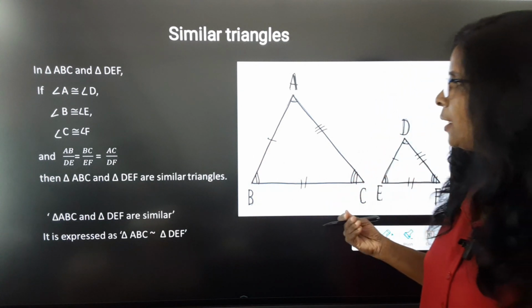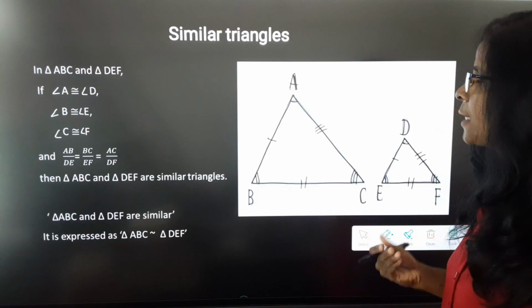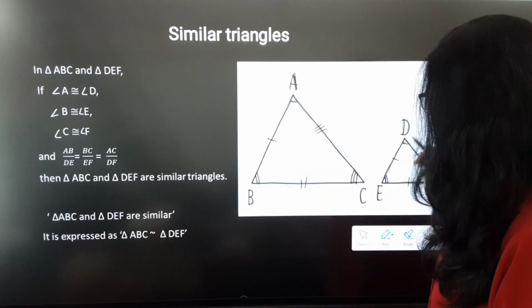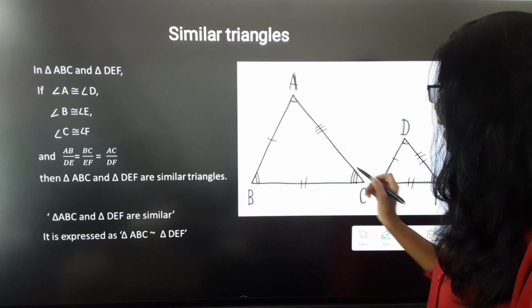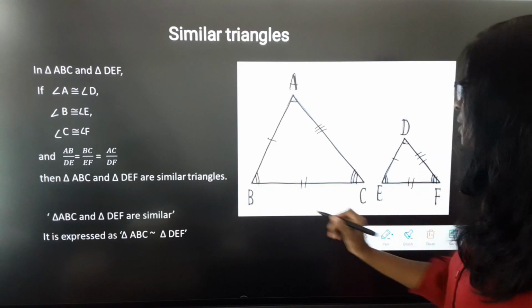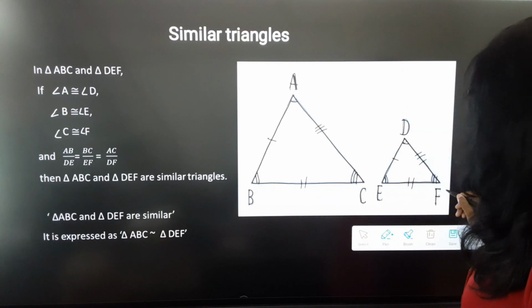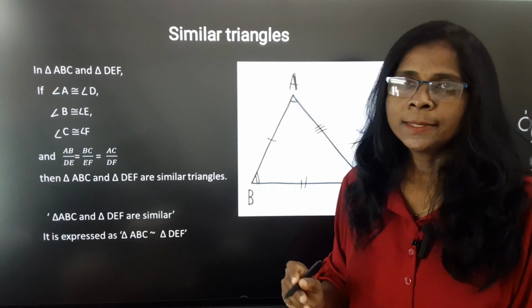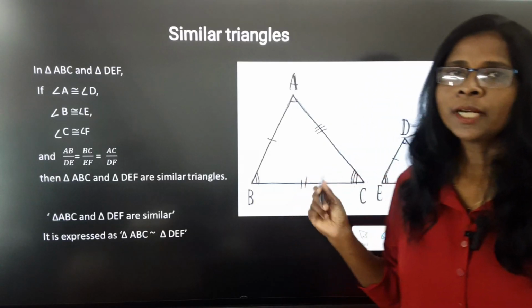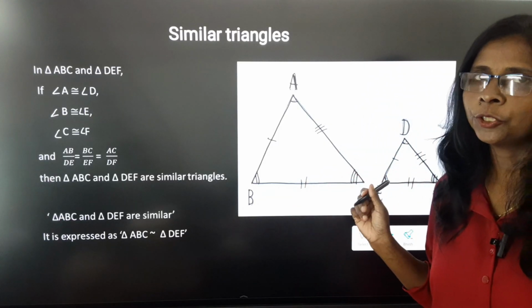And what about their corresponding sides? AB upon DE is equal to AC upon DF is equal to BC upon EF. Then we can say that these two triangles are similar to each other.